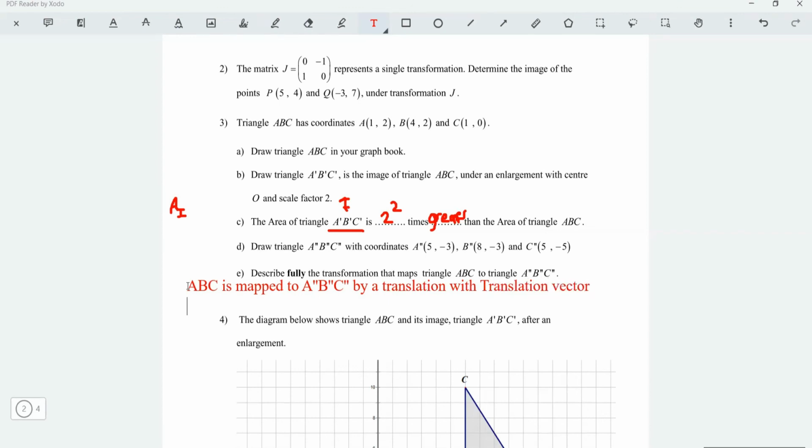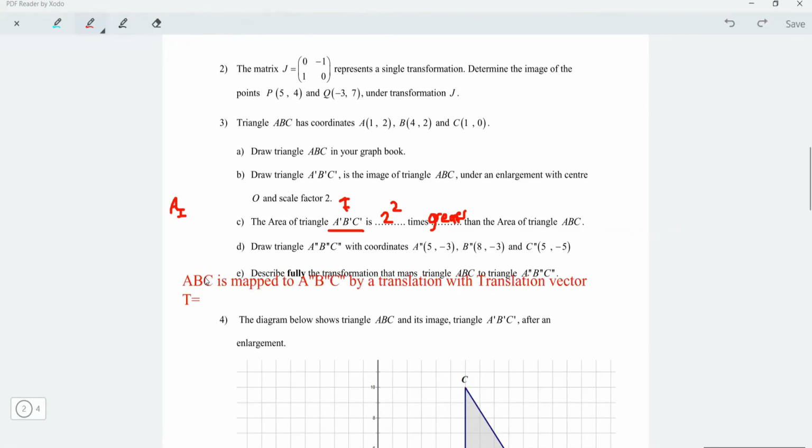It's mapped with a translation vector T, where the translation vector is (4, -5). That's it. Translation vector of (4, -5). Nice.